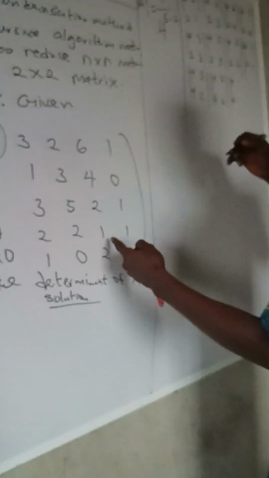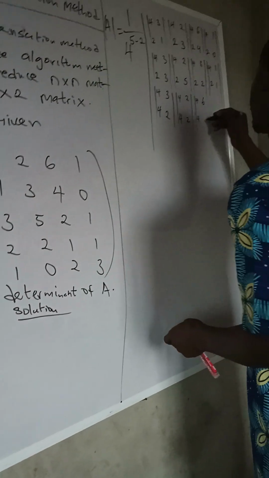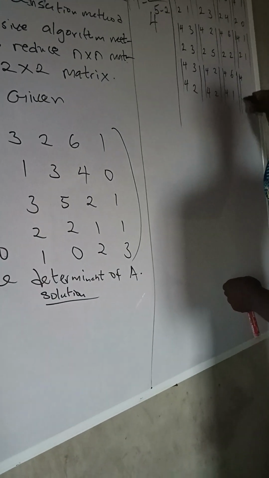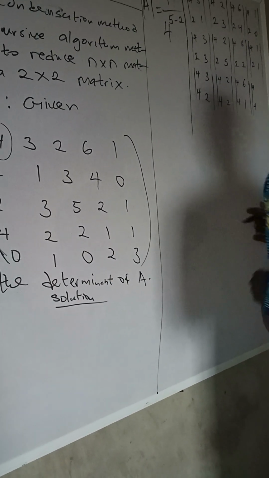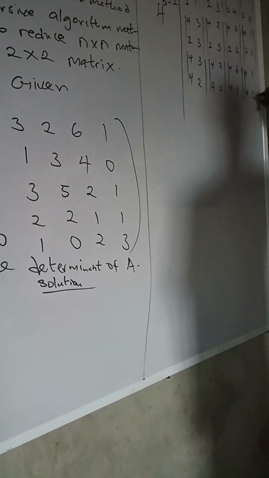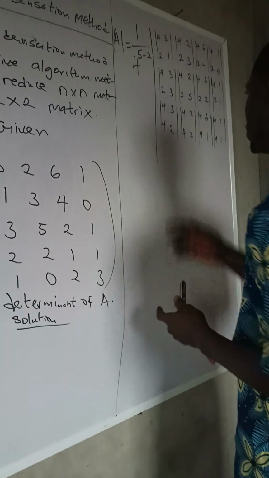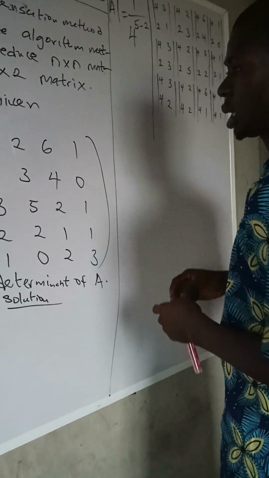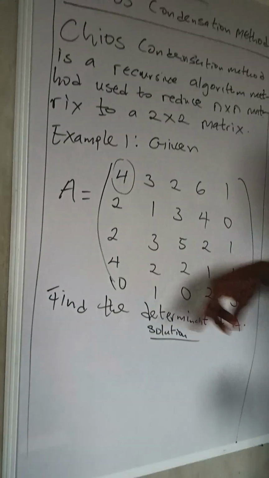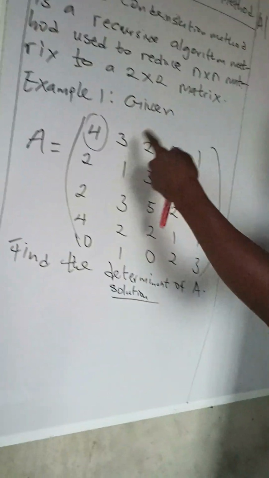And then here we have 6, 1. And then we have 4, 4. And then 1, 1. Now, for this matrix to become a 4 by 4 matrix, we still need another 2 by 2 matrix on this last part. So we have 4 and then 0, 3, 1.